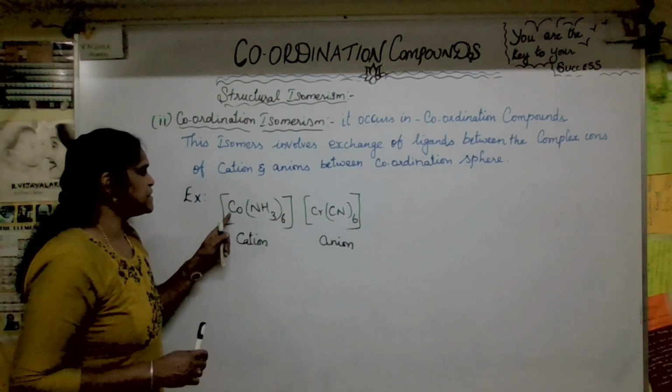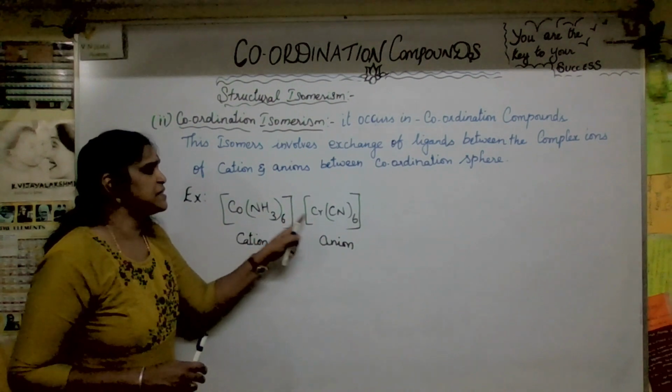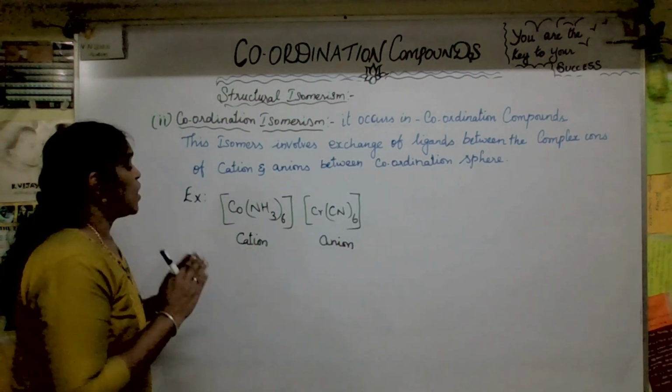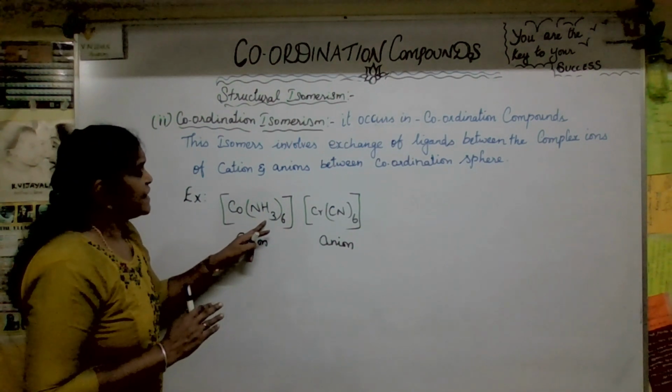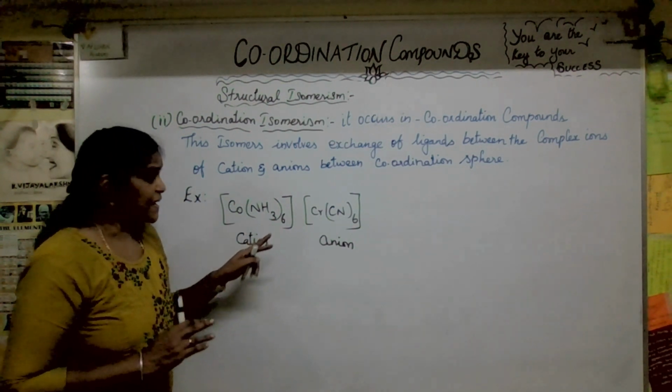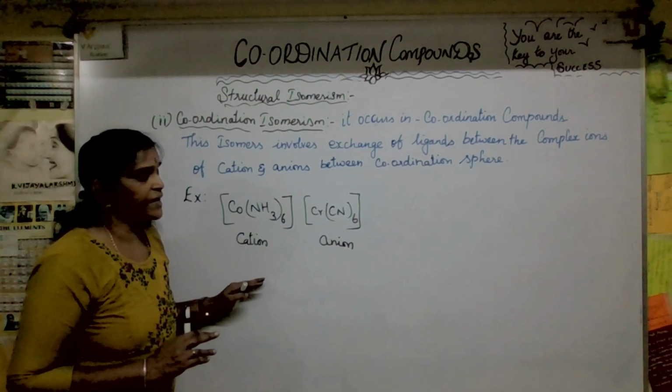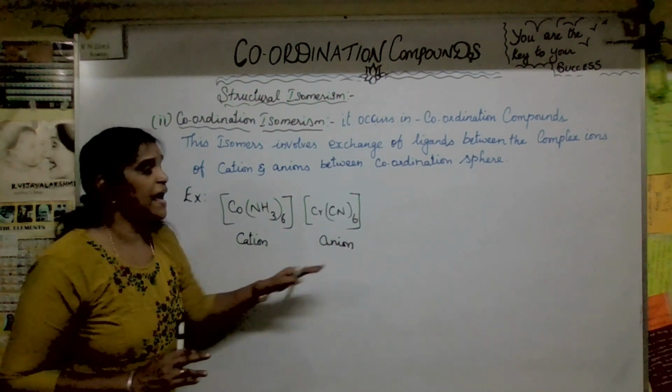Now see this example, Co(NH3)6 and Cr(CN)6. The first one is called the cation, the second one is called the anion.